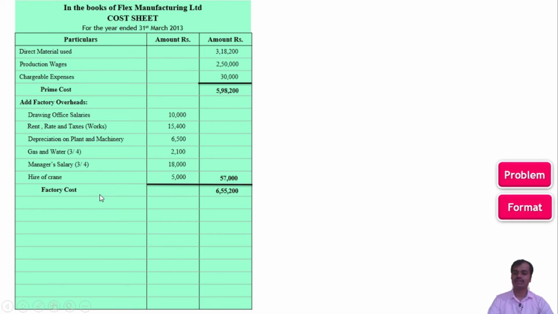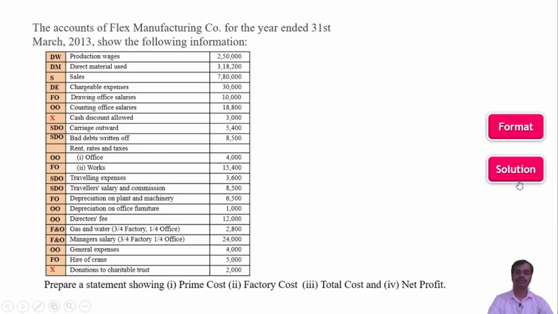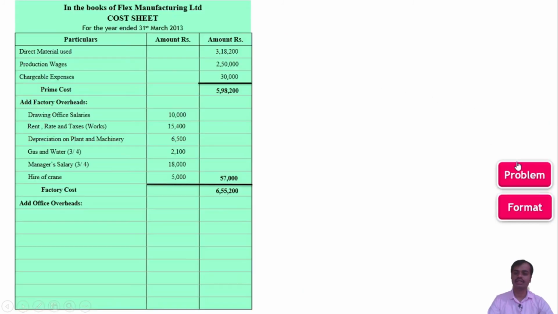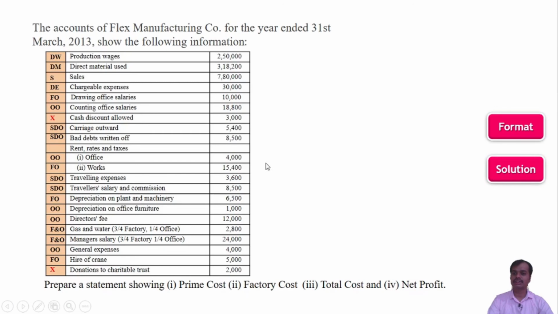After the factory cost, we have to take office overheads. From the problem, we have to take all the items of office overhead. So first item is counting office salaries, which is 18,800. Let's take counting office salaries in inner column 18,800. The next item is office rent, rates, taxes for office, that is 4,000.